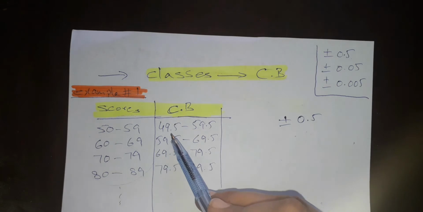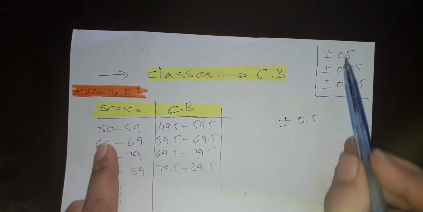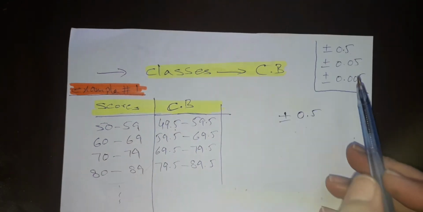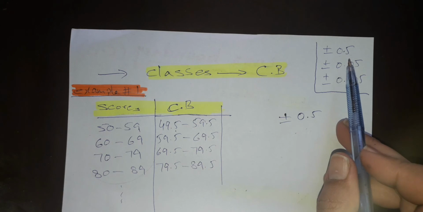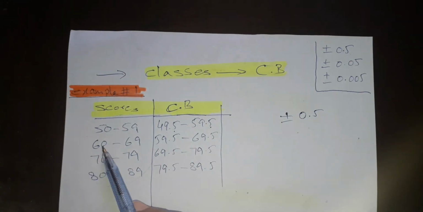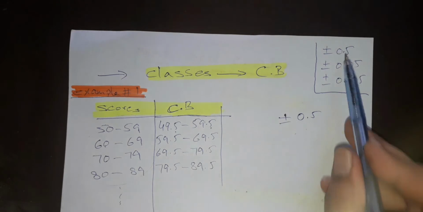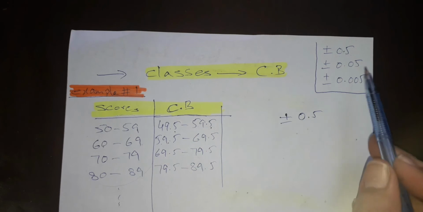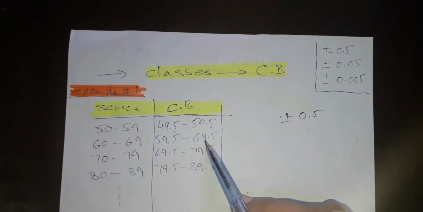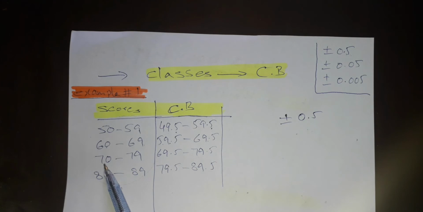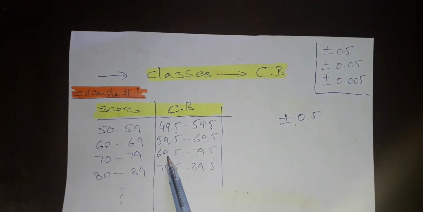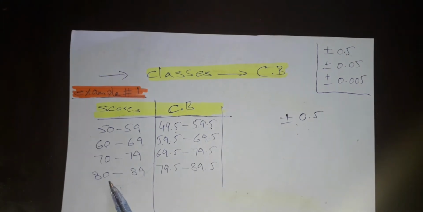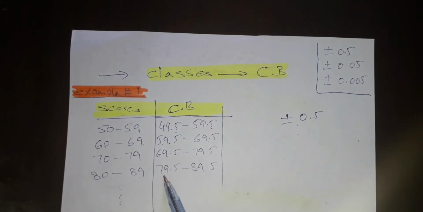50 minus 0.5, we get 49.5. 59 plus 0.5, we get 59.5. 60 minus 0.5, we get 59.5. 69 plus 0.5, we get 69.5. 70 minus 0.5, we get 69.5. 79 plus 0.5, we get 79.5. 80 minus 0.5, we get 79.5.